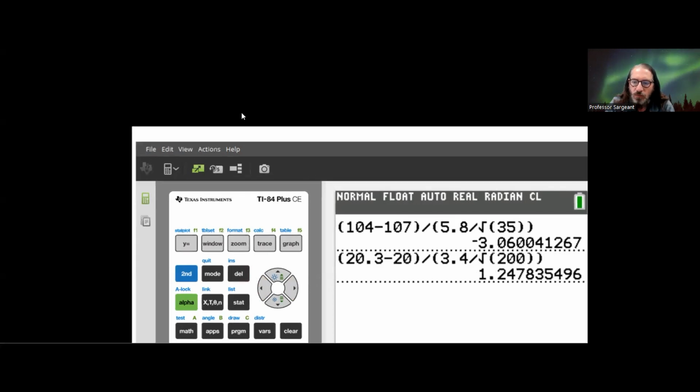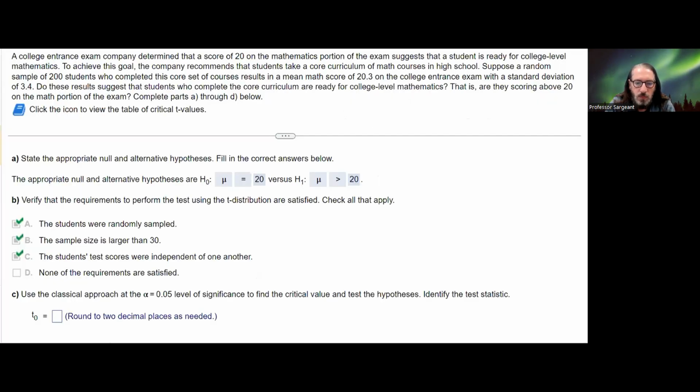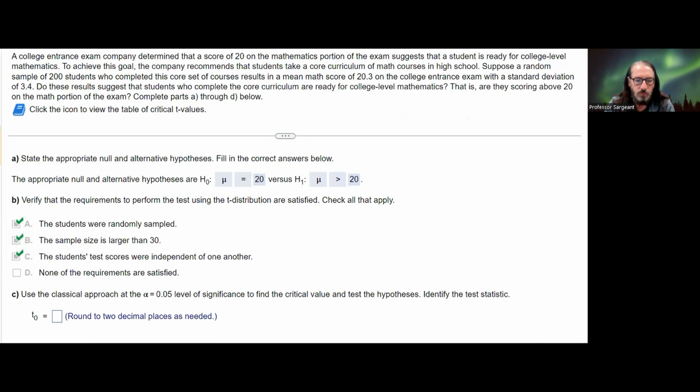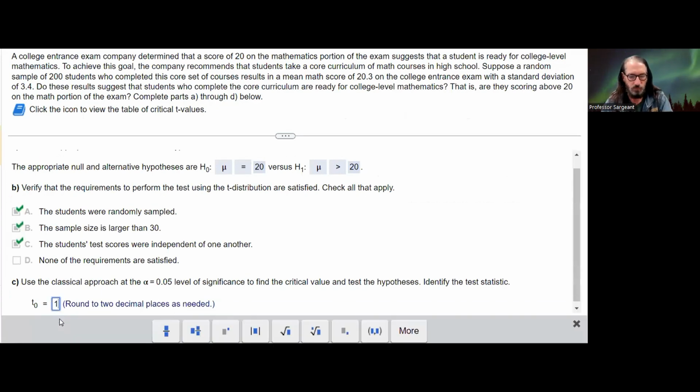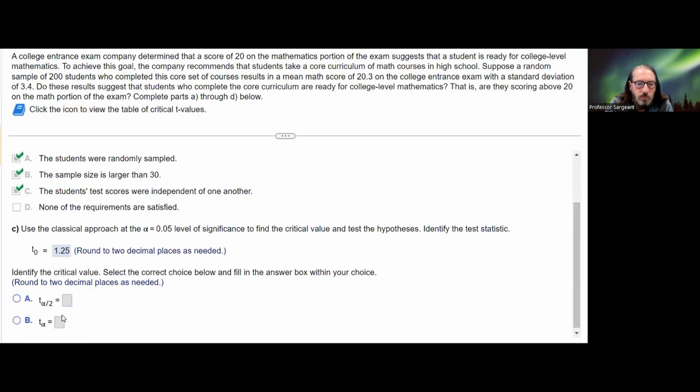They want this rounded to 2 decimal places. So that's going to round to 1.25. This is a one-sided test, a right-tailed test.